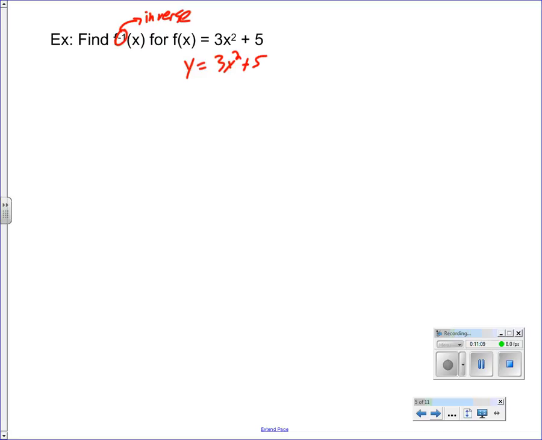Right, so the first thing I'm going to do is switch x and y to find the inverse. So I have x equals 3y squared plus 5. Now if I solve this for y, that will give me the inverse function that I'm looking for. So I have to just solve this for y. The first step here, I'll subtract the 5.